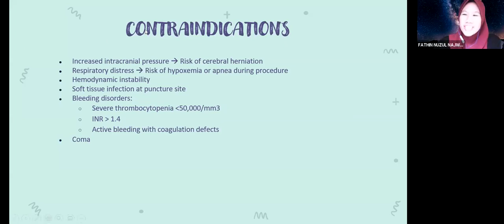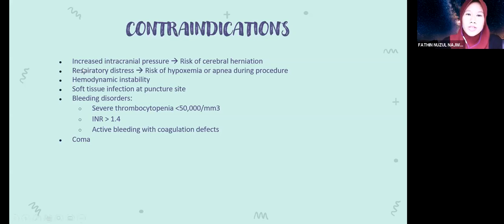Okay, now for the contraindications. The first contraindication would be high intracranial pressure. Now we have been exposed that if there is high intracranial pressure and we do proceed with lumbar puncture, the patient will be at risk of having cerebral herniation because when we do lumbar puncture, there will be a lower pressure at the caudal area, causing a shift of the intracranial contents.